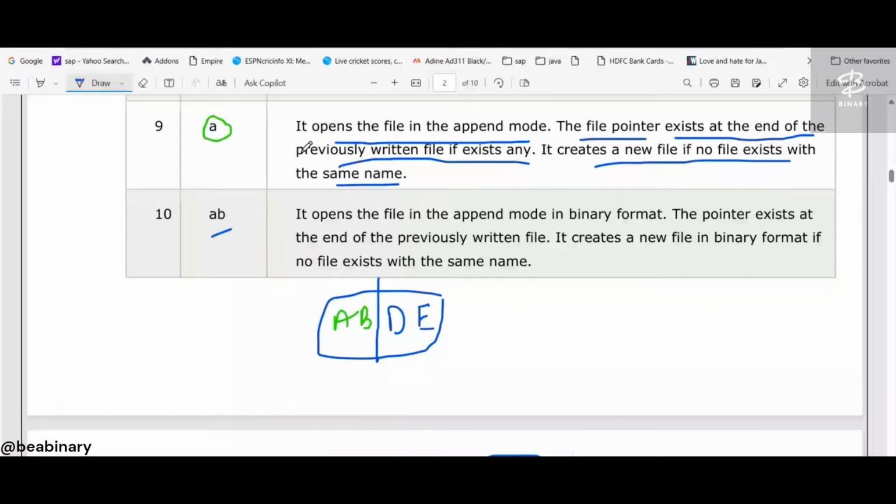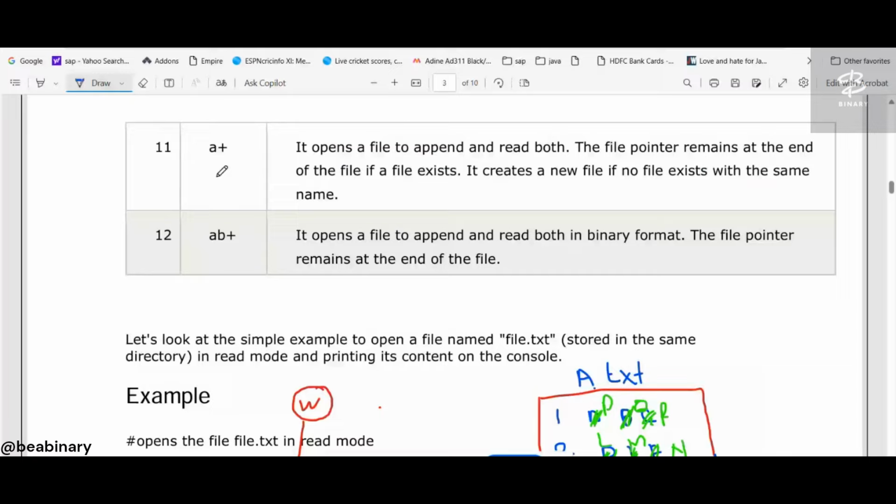Okay. Then there is one more mode, A plus. It says it is both append mode and read mode. That means you are writing in append mode, plus you can read as well. So for a more complete operation on a file, in which the user has complete control, you have to choose A plus mode.